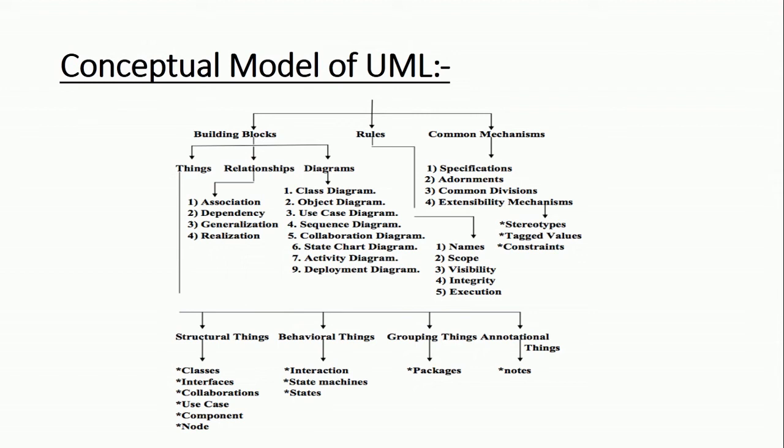The next is state chart diagram. A state chart diagram is one of the 5 UML diagrams used to model the dynamic nature of a system. They define different states of an object during its lifetime, and these states are changed by events. So state chart diagrams are useful to model reactive systems.